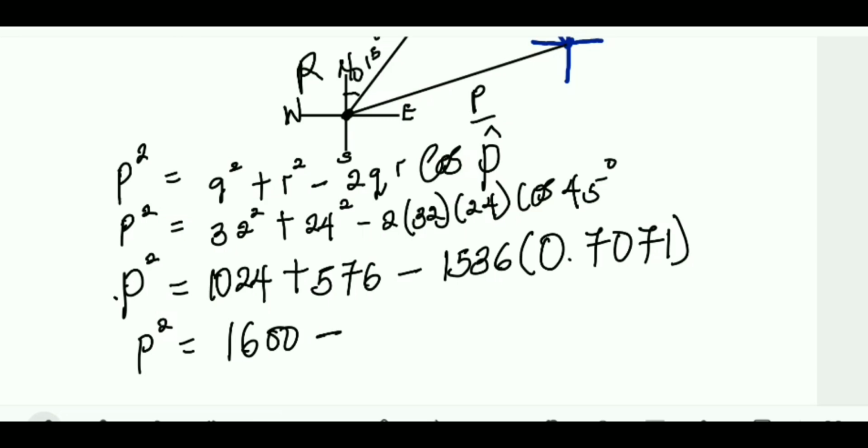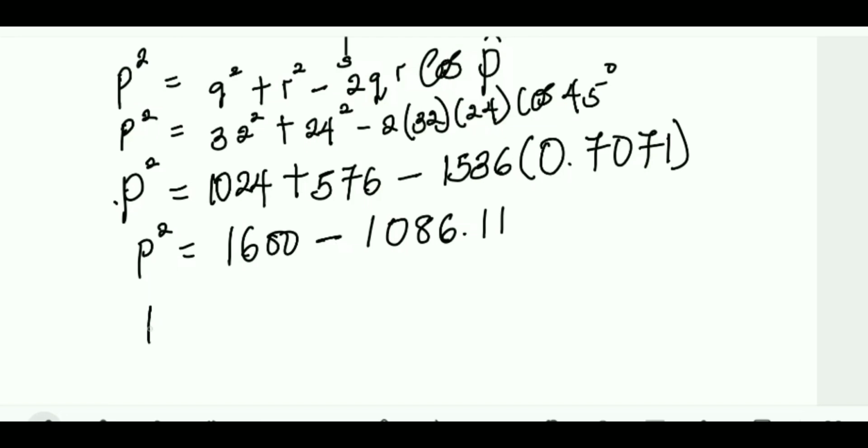Minus 1536 times 0.7071. That gives us 1086.11. So here we're subtracting 1600 minus 1086.11.